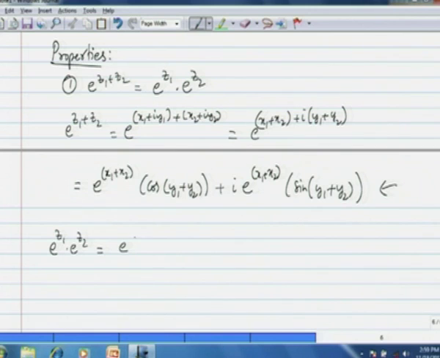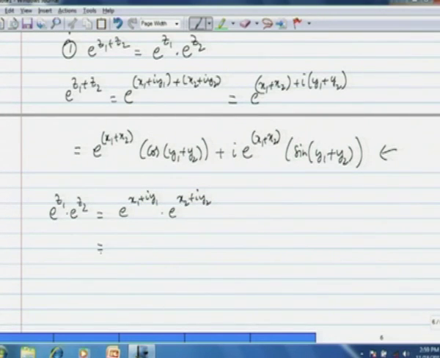So, let us see that e power z1 is e power x1 plus i y1 times e power z2 is e power x2 plus i y2. Now, let us use the definition of the exponential function. This is e power x1 times cosine y1 plus i sine y1 times e power x2 times cosine y2 plus i sine y2.